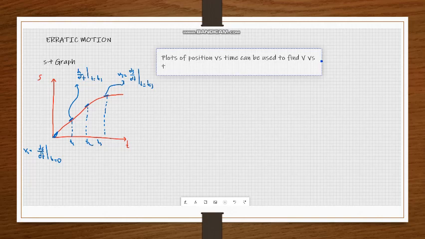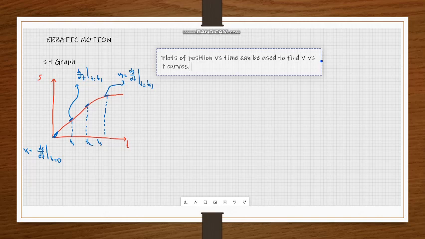Okay, so the plot of s and t can be used to find the velocity versus time curves.